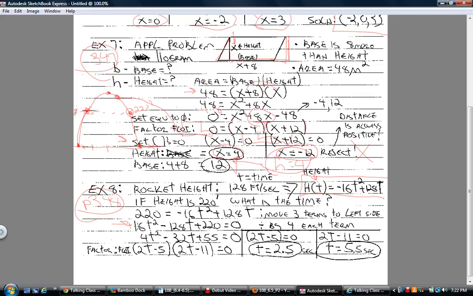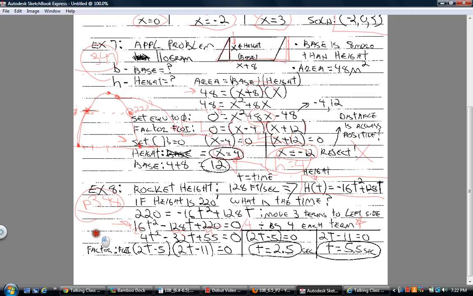Okay, now that you've done that, the challenge is, how can I simplify this? Now this next step right here, divide each term by 4, because I see 16, 128, and 220. I like to teach it this way: divide everything by 4, because you maintain balance on the equation, and it reduces down to 4t squared minus 32t plus 55 equals 0.